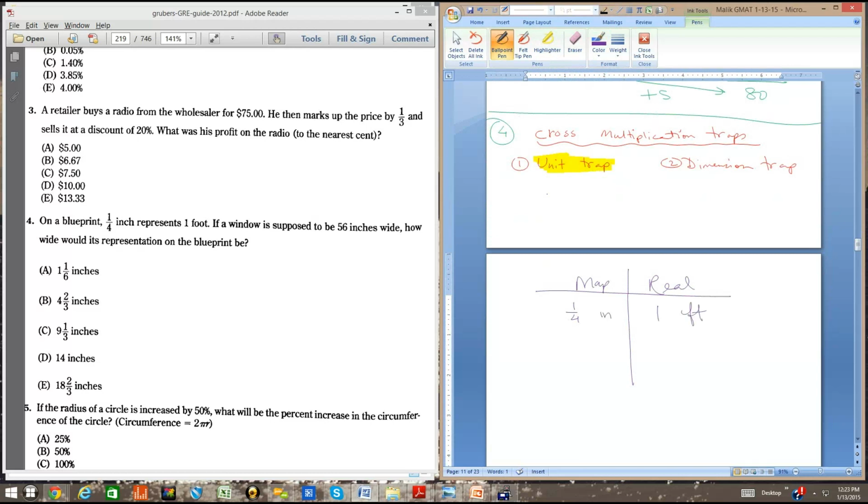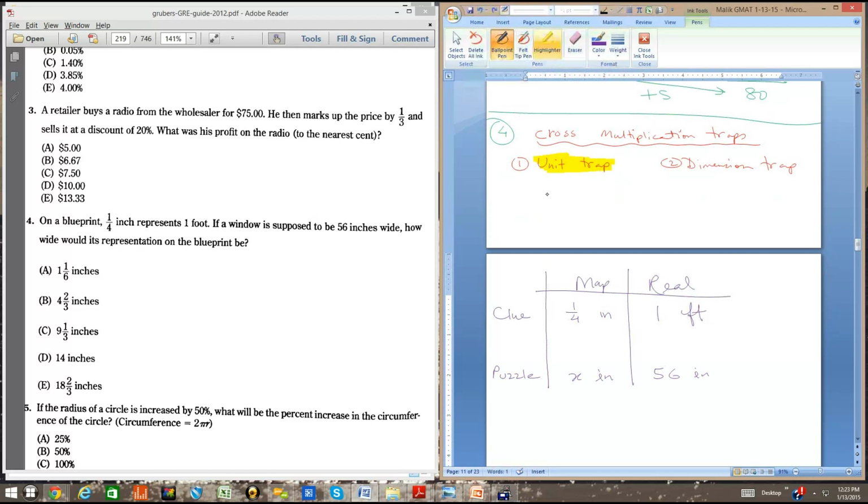This is your clue. What's your puzzle? Your puzzle is 56 inches in real life, and the answer is X inches in map. So your first instinct might be to want to cross multiply this, but that's a trap.